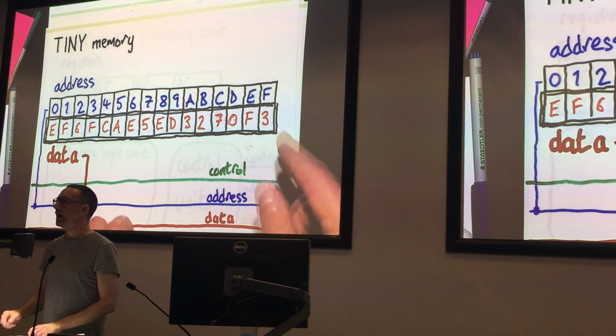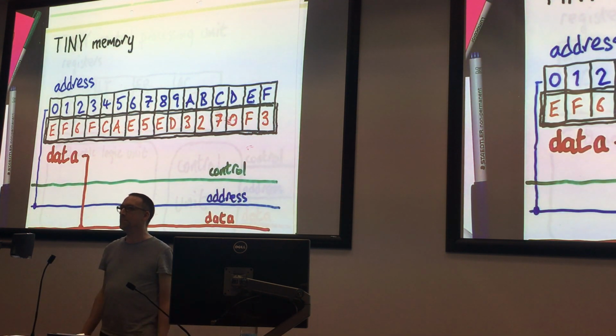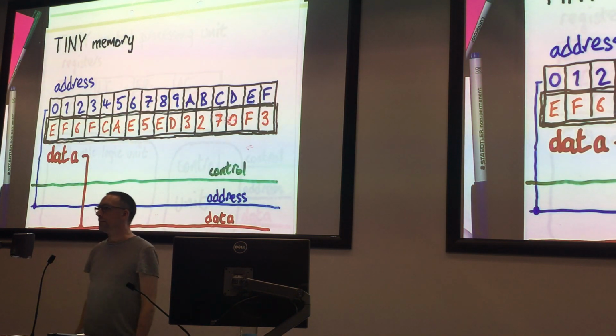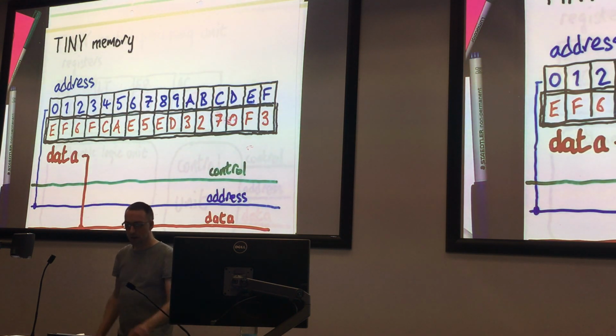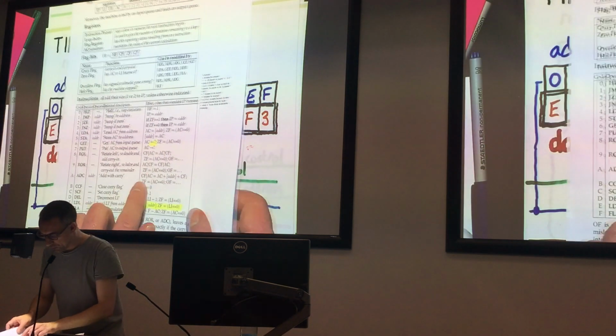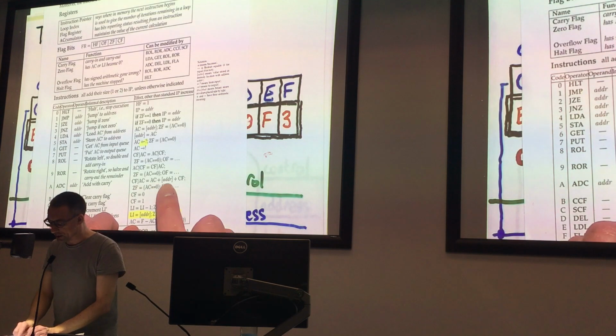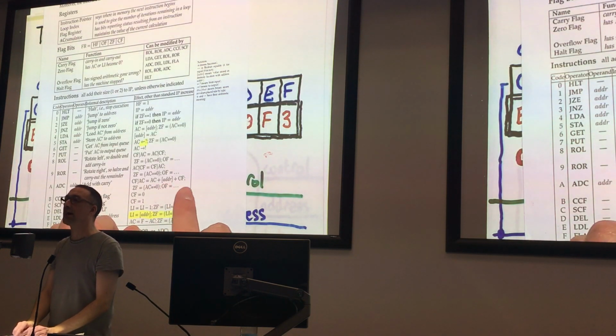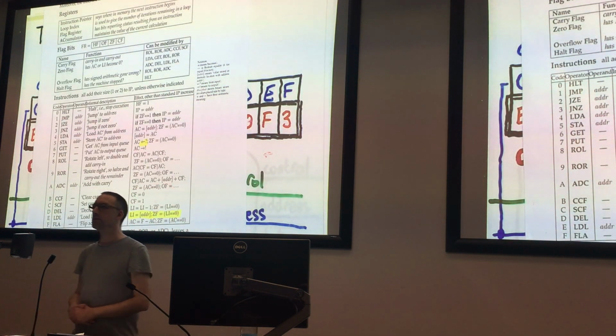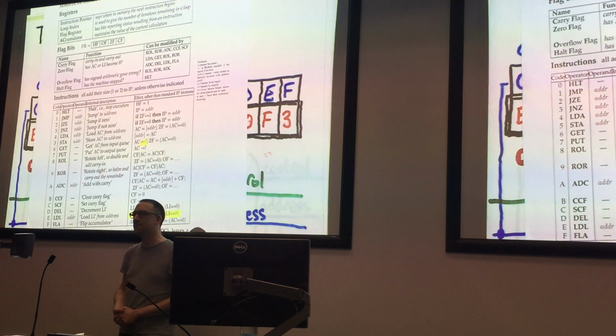So let's just see what's happening. We got a value, we flipped its bits, and the instructions say, what do we add? The accumulator, the contents of the address, and the carry flag. We just set the carry flag to be 1.